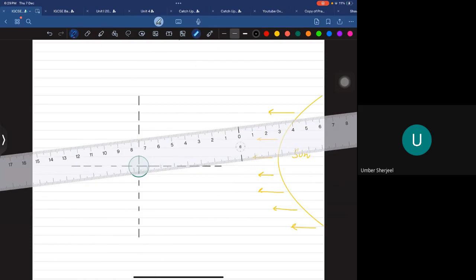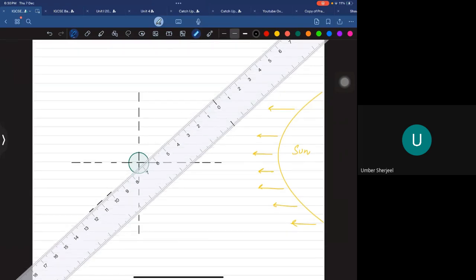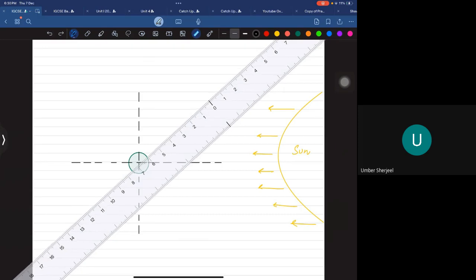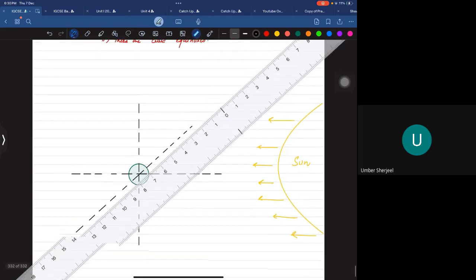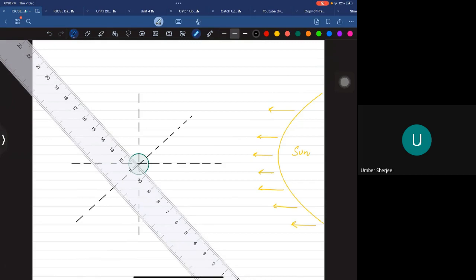And then you should make diagonal lines. Oh, it's not even passing from there. Wait, it passes from here actually. And the same goes for the other diagonal line. Just make another diagonal line like that.